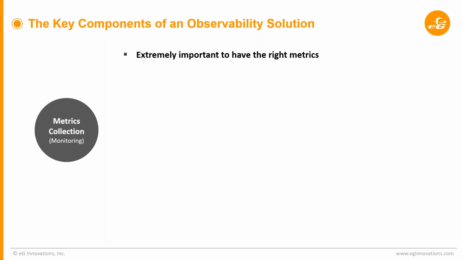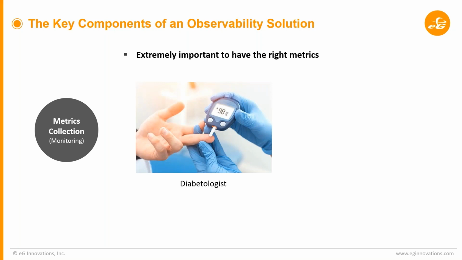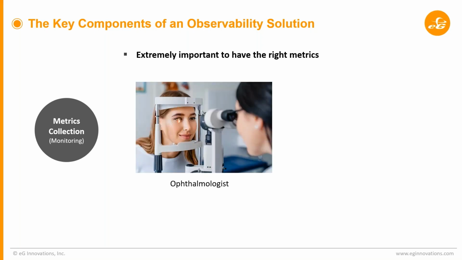I'll take a medical analogy to help you understand why the metrics matter. Now, consider a diabetologist. The type of metrics that they're looking at to understand if you're doing well or not are very different from the type of metrics that an ophthalmologist is going to be looking for when they check your eye.